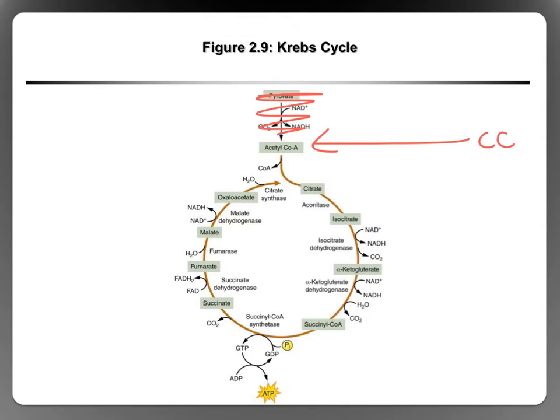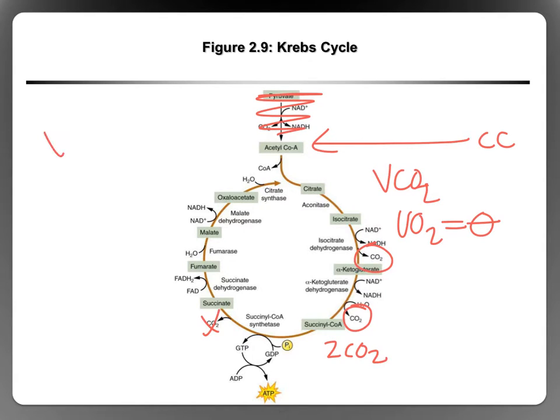Not glucose, so the intermediate step has nothing to do with this here. Remember, this CO2 is wrong. Okay, we don't get any oxygen directly, but we're going to get the oxygen from electron transport chain. Every time we go through Krebs cycle, we do get 2 CO2s.